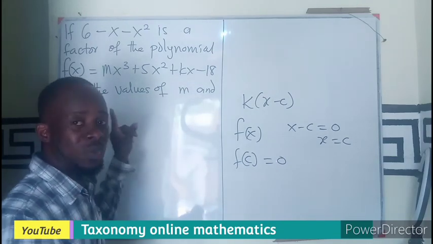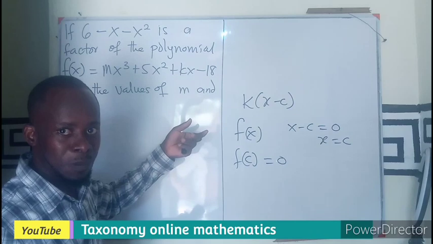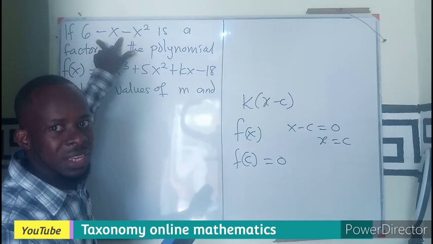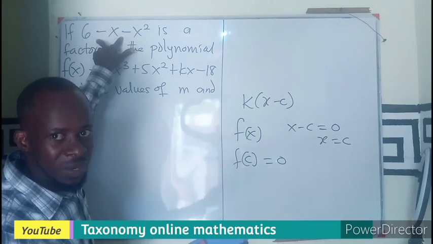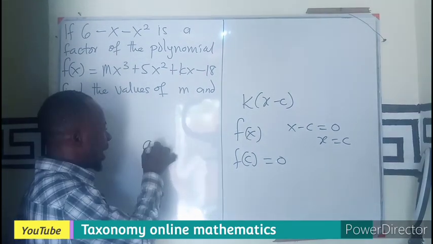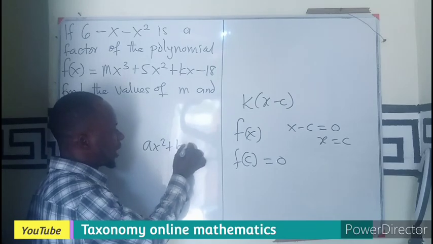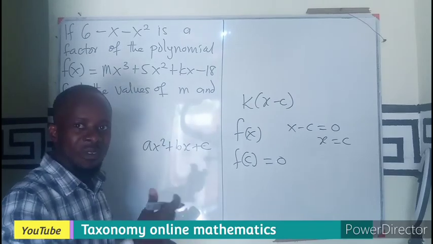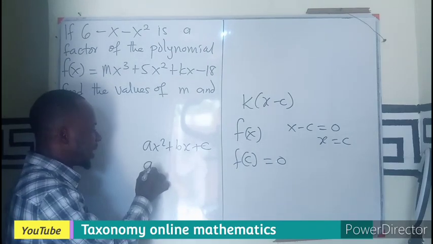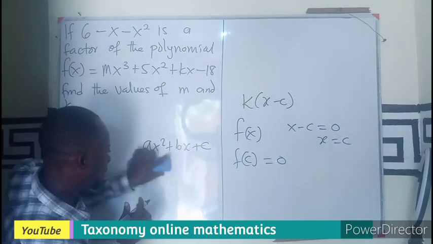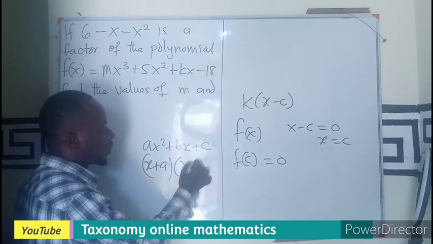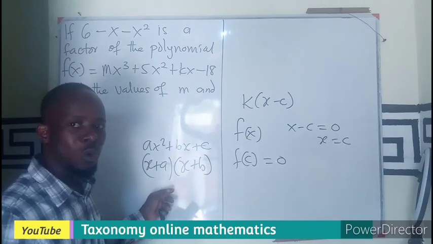But in this question, we can see that our divisor is not a linear function. It's a quadratic expression. So what do we do? We also take the fact that if ax squared plus bx plus c is a factor of a given polynomial, then it also means that x plus a or x plus b will also be a factor.